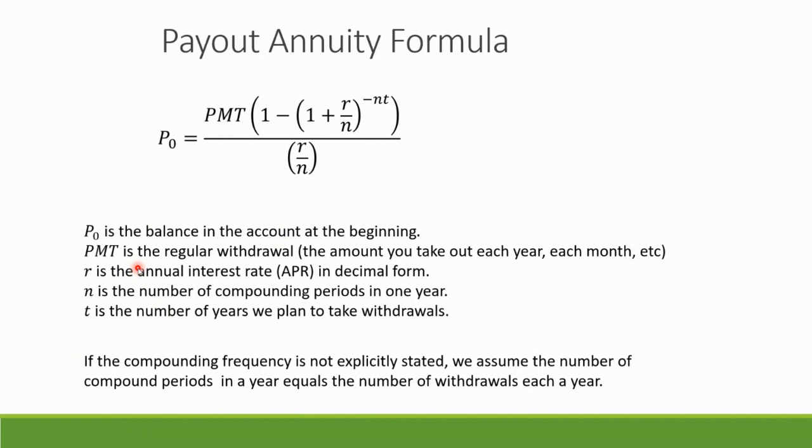And we're assuming that if compounding frequency is not explicitly stated, then the number of compounding periods in a year is how many withdrawals we're making each year. In other words, unless stated otherwise, as often as we're taking out money each year, that is how often the account is being compounded.